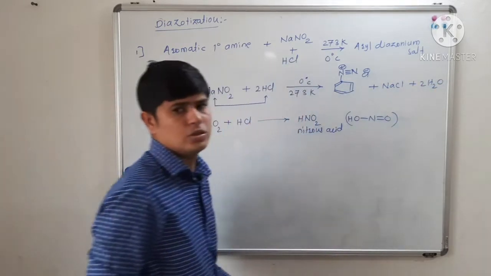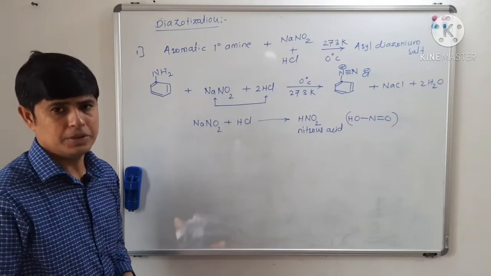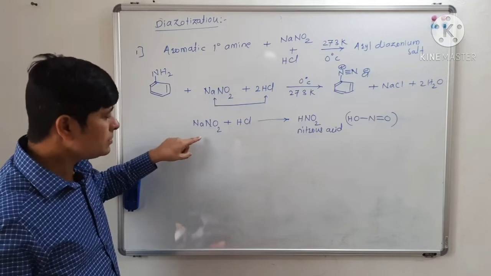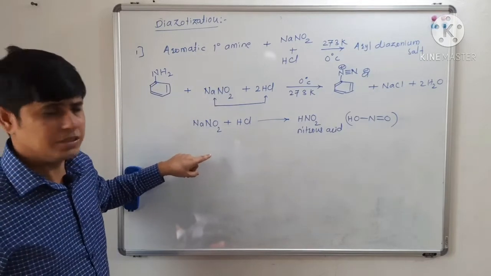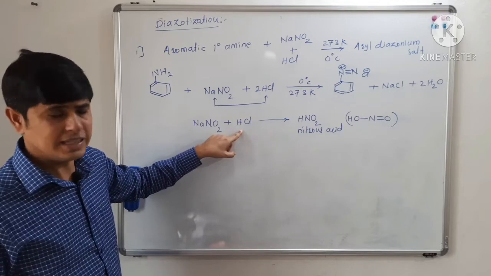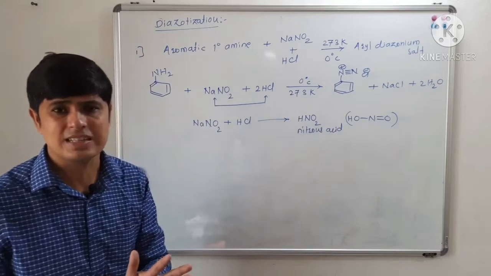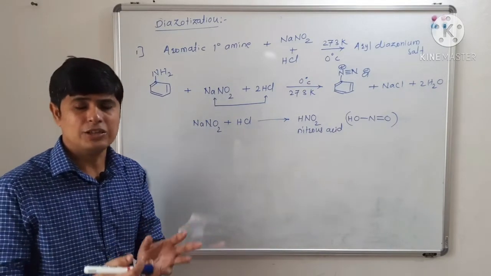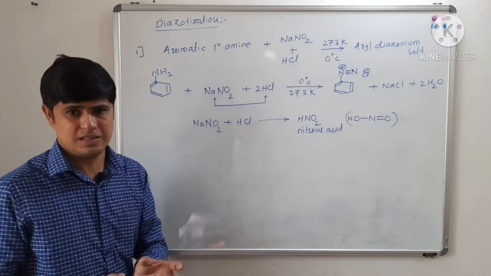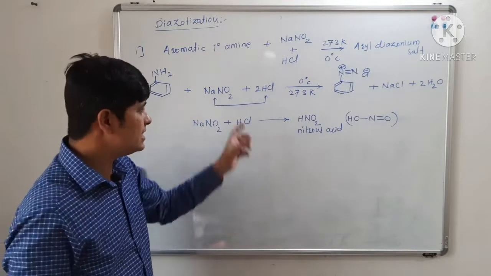So this is a diazotization reaction. Okay, so in the diazotization reaction, sodium nitrite is reacted with hydrochloric acid and there will be a formation of nitrous acid. This nitrous acid is the actual reacting species in this reaction.